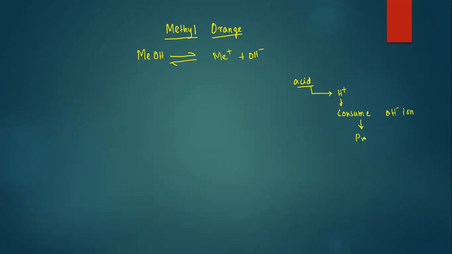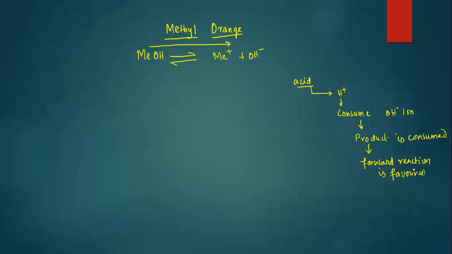So product is consumed. If products are consumed, forward reaction will be favored. So a lot of Me+ will be produced. The Me+ color is red, and MeOH is yellow. And in acidic solution, it shows orange or reddish color.